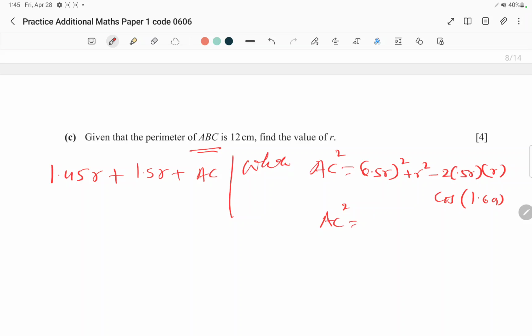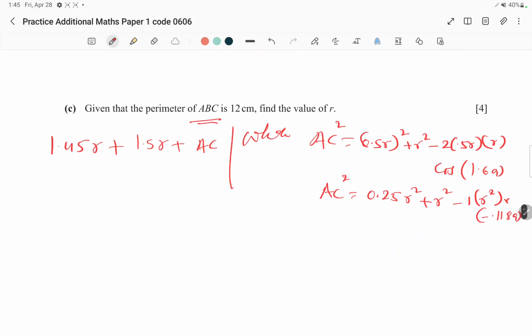And this is AC square. So AC square is, this is 0.5 whole square, so this is 0.25 R square plus 0.25 R square, then plus R square, 2 times 0.5, which is 1, times r square and then times cos 1.69. So cos of 1.69 is negative of 0.1189.